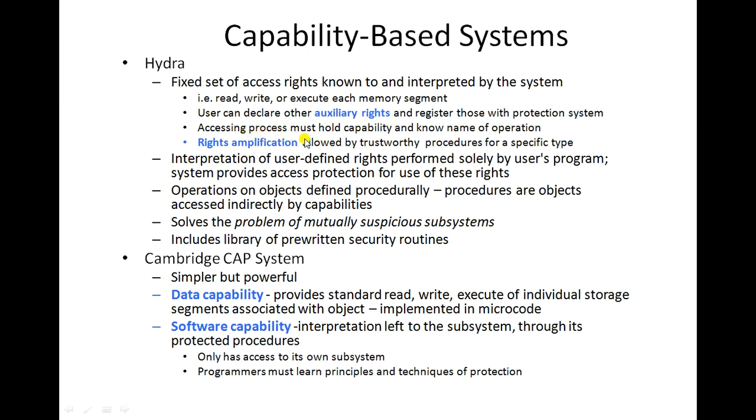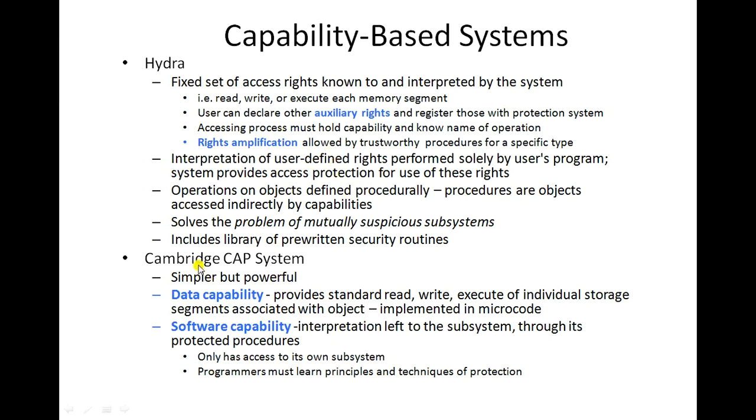The accessing process must hold the capability, and it should know the name of the operation. And rights amplification is possible in case of Hydra. The interpretation of user-defined rights is performed by the user program alone. The system provides access protection for these rights.